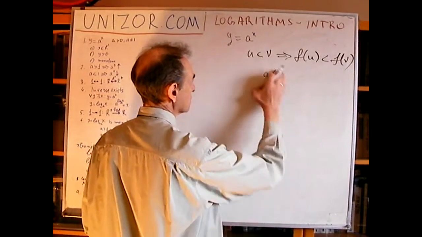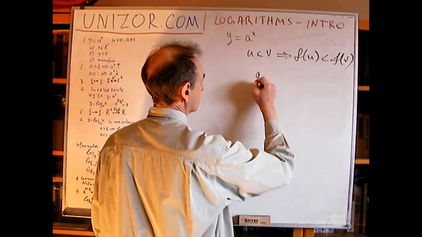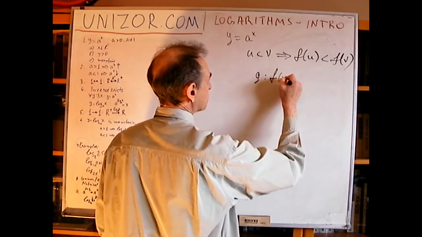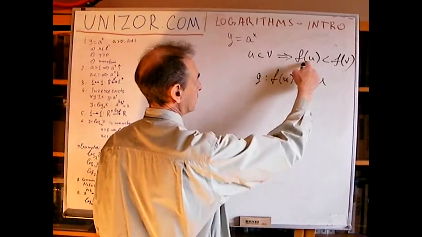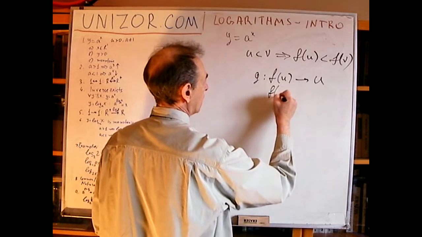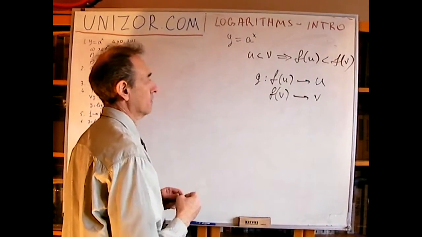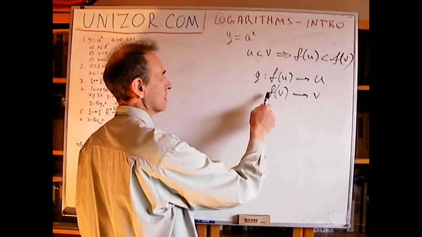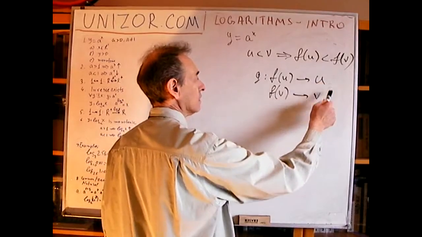Now, the function which works backwards, let's call it g function, basically transforms f at u into u, and it transforms f at v into v, right? So if f at u is less than f at v, and it's given, then u must be less than v.